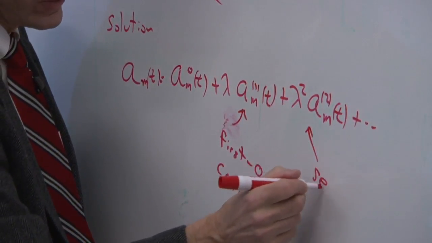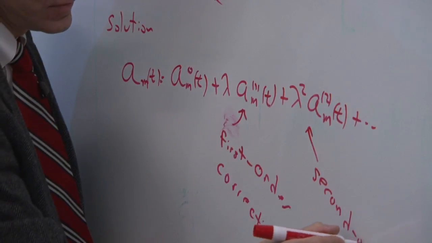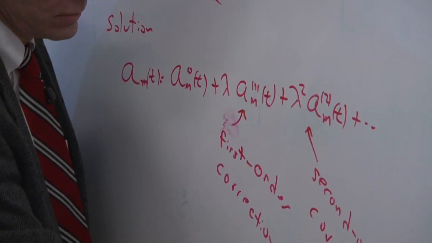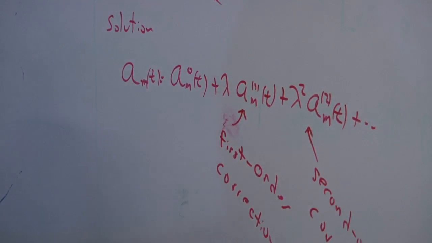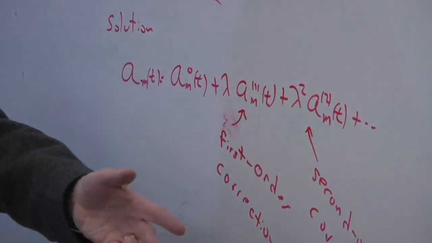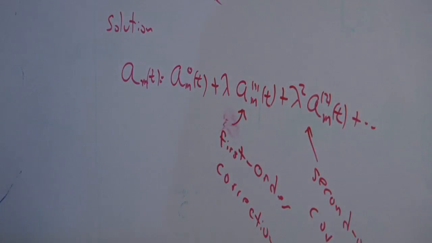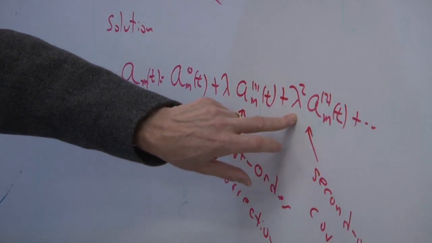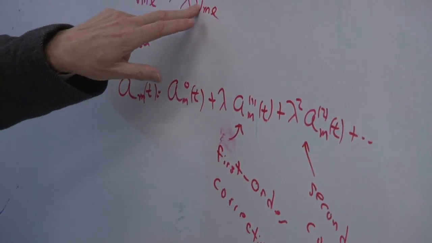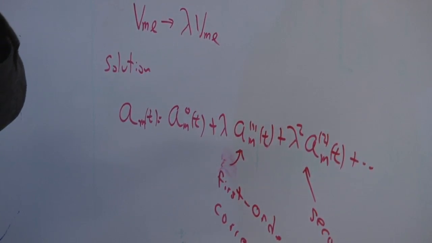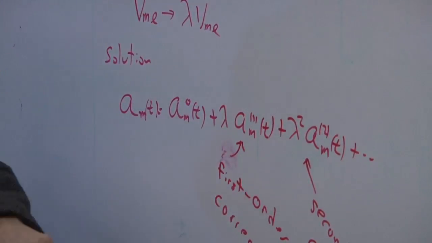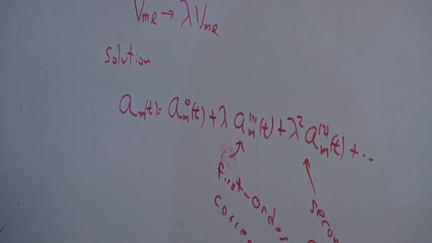This is the second order correction. In terms of the orders, there's a 1 here, that means it's the first order. There's a 2 here, that means it's the second order. But perhaps more physically, if lambda appears twice here, that means that the interaction V occurred twice. So that's really what you mean. This is first order in the interaction strength. This is second order in the interaction strength, etc.